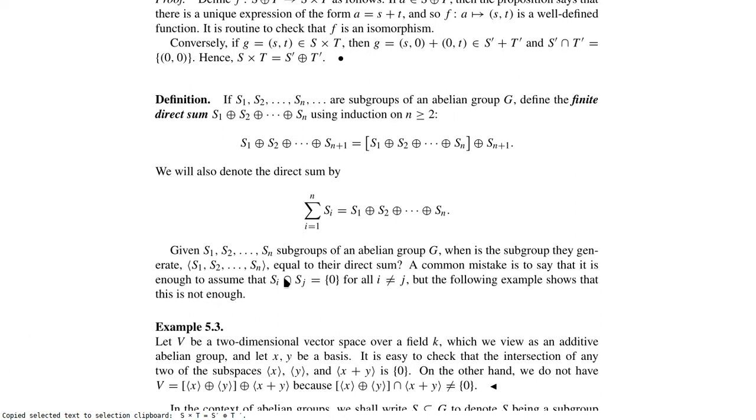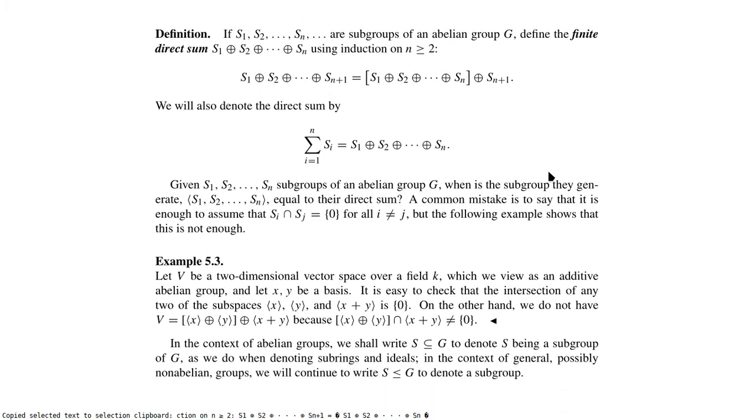So how that happens is, to get a finite direct sum of n plus 1 elements, you take the finite direct sum of n elements and then add the n plus 1th subgroup, and you take the direct sum of the whole thing. So this is the finite direct sum. So if you have three elements here, you first take the finite direct sum of two subgroups, and then take the direct sum of the third subgroup, right? So that's that.